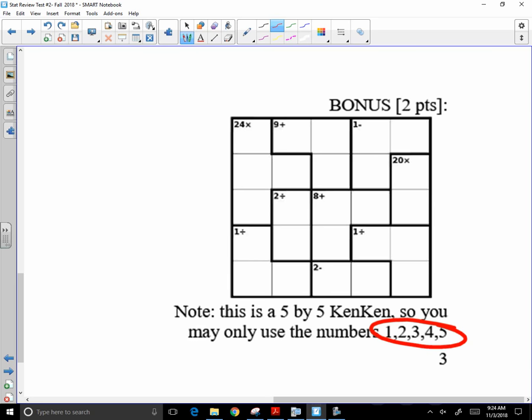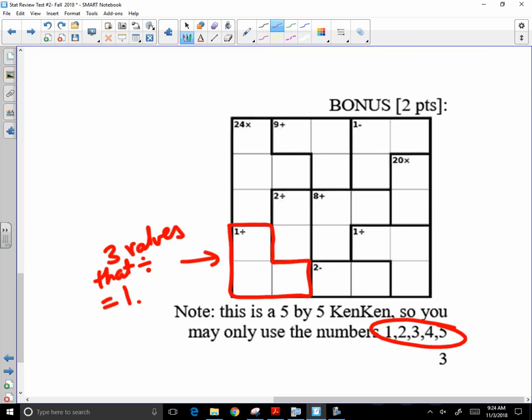So this one is a pretty tricky one because of these areas here. What it's telling us is that we need 3 values that divide to equal 1. So however that works out, that's the important piece.